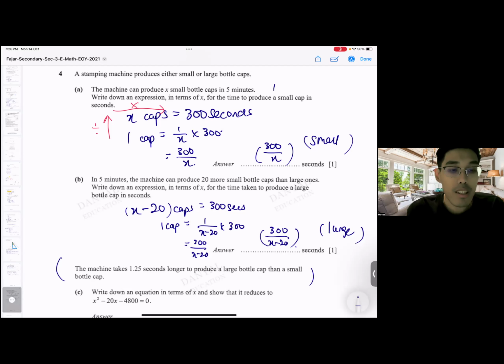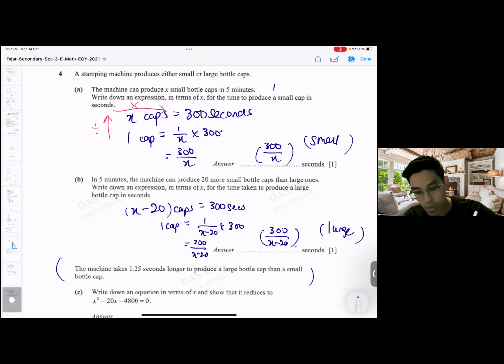So you see, now they say the machine takes 1.25 seconds longer to produce a large than a small. So let's recall and reflect on this. Which one uses more time? Listen carefully. Which one uses more time? The large one uses more time. So they are comparing the differences in the time. So obviously, we want to take the one with the more time minus the one with the less time.